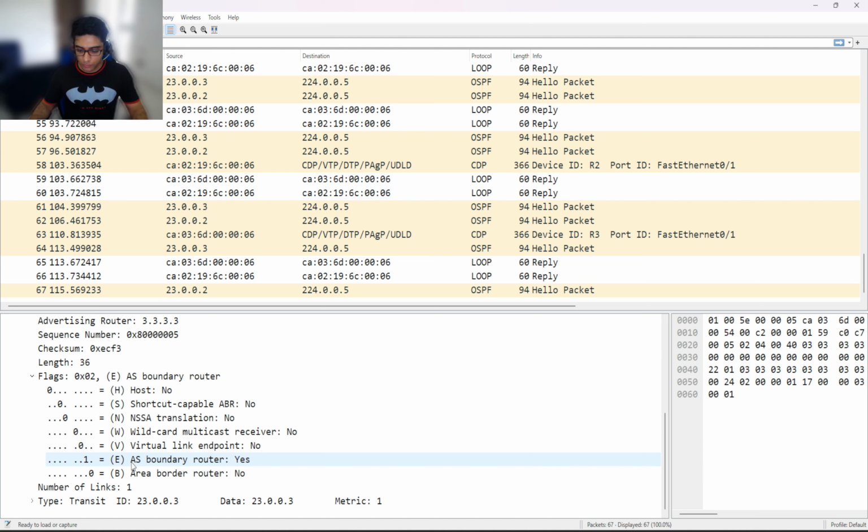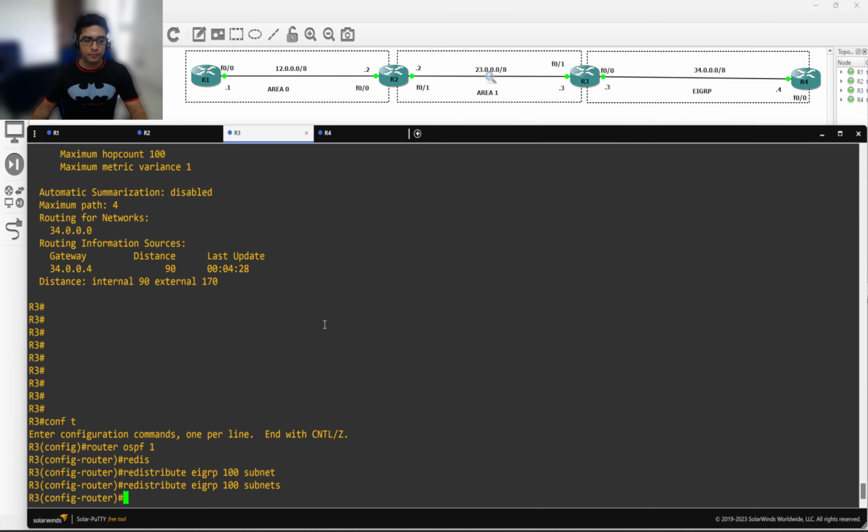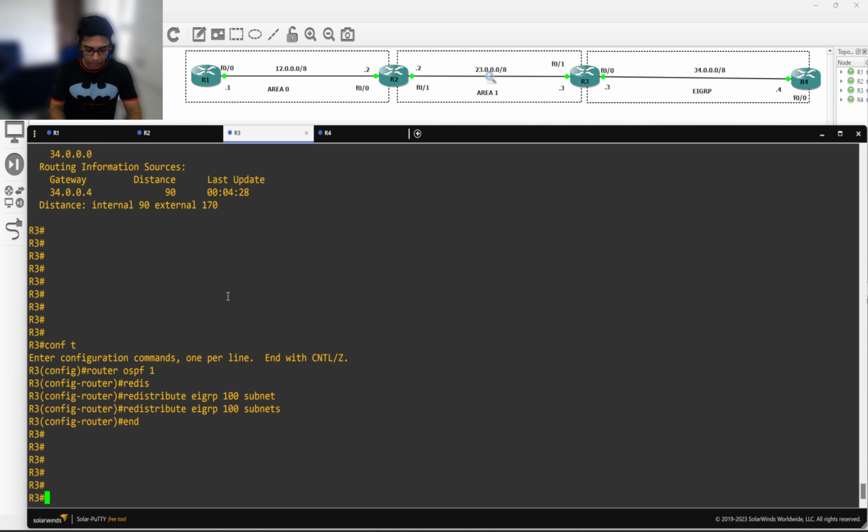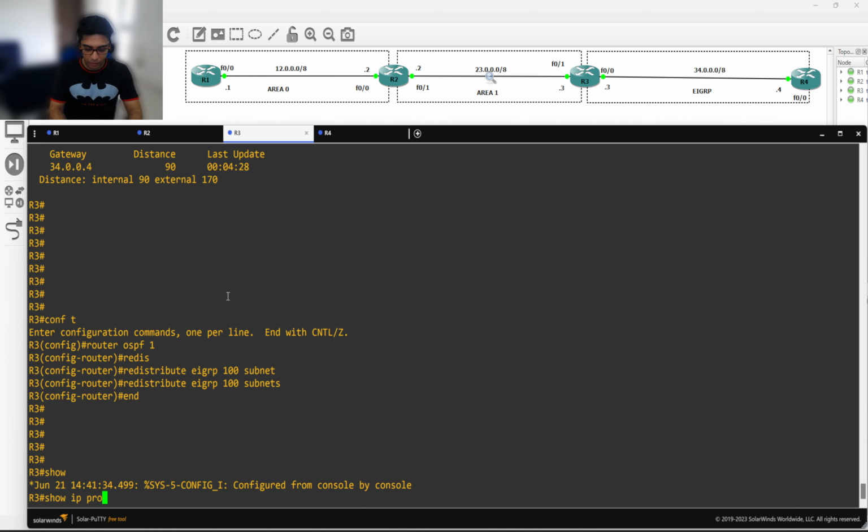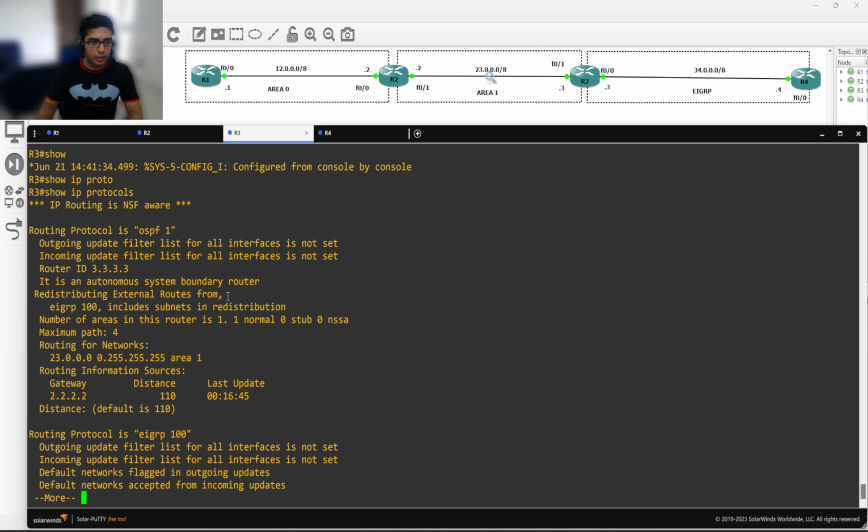Right. Now, let's go back to our diagram. So let's confirm here, show IP protocols. We can see that it has become the ASBR.